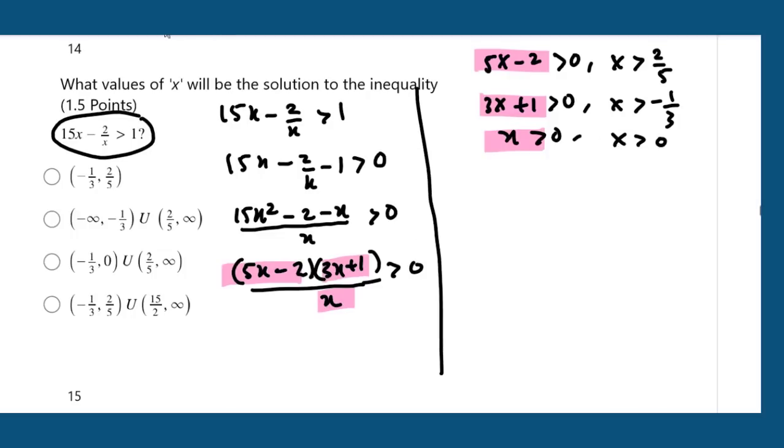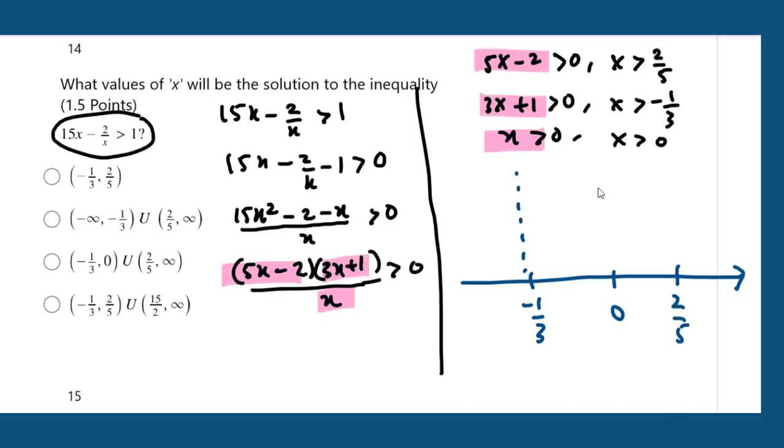Using the number line, check the values: negative 1/3, 0, 2/5. This is the boundary.